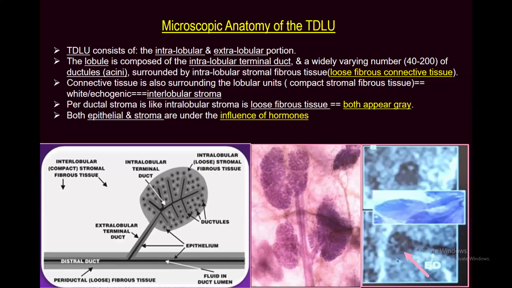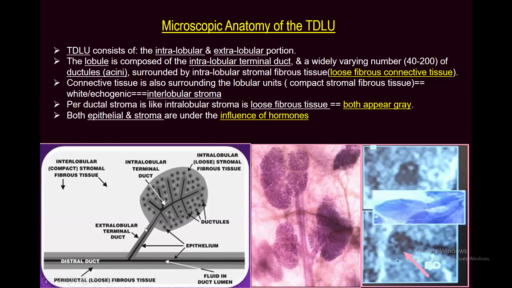Okay, let us go for microscopic anatomy of the terminal duct lobular unit in more detail. See, as we mentioned, the terminal duct lobular unit consists of a lobule along with the extralobular terminal duct. Okay, this is the extralobular terminal duct, and this is a lobule.